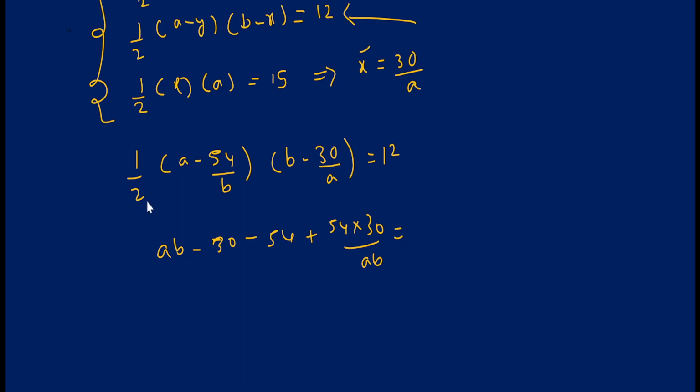Let's send this to the other side, so it is equal to 24. Let's multiply AB on both sides.